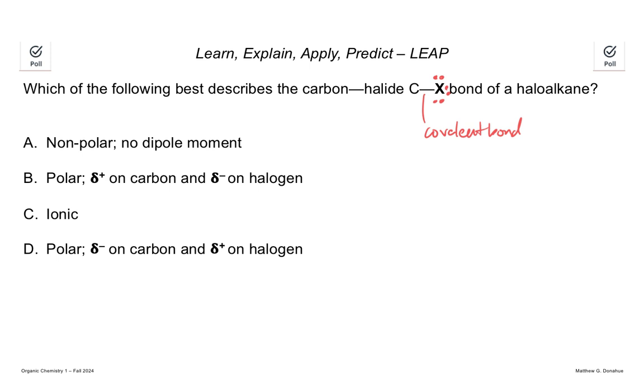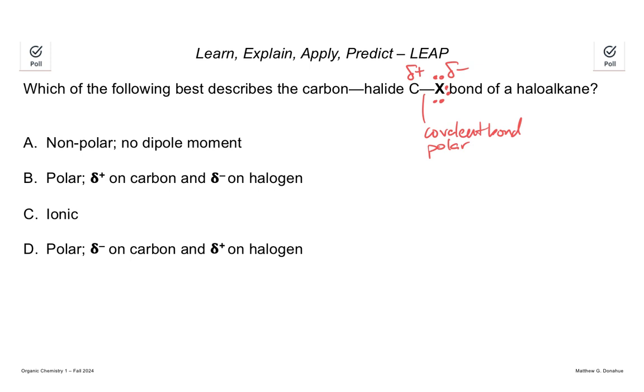So that's what the line means. It's a polar covalent bond because with X being halogen, we know that the electronegativity of that element is greater than carbon. And then we can assign the delta minus to the halogen because of those lone pairs, and that makes carbon delta plus.